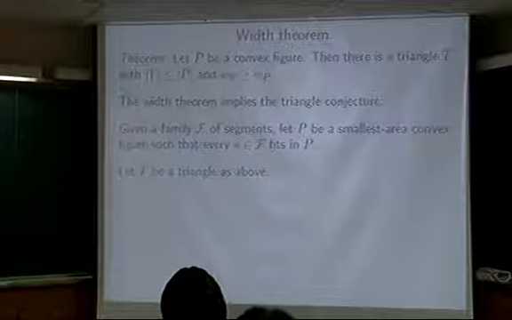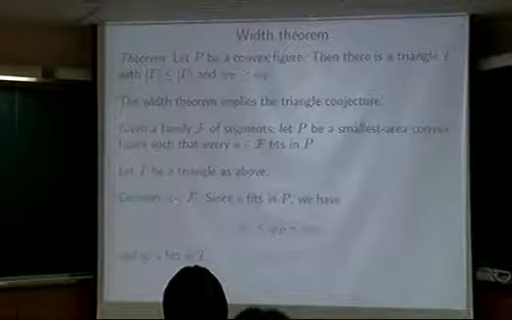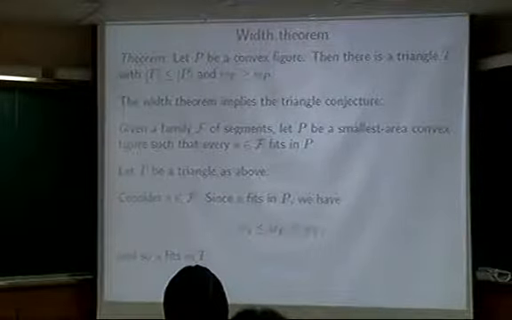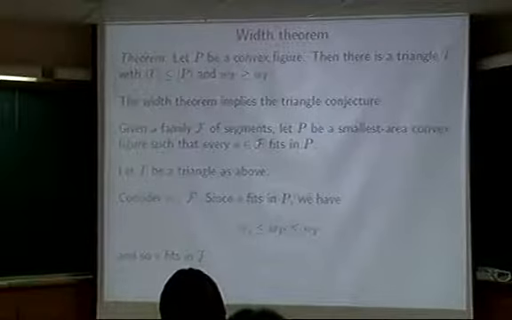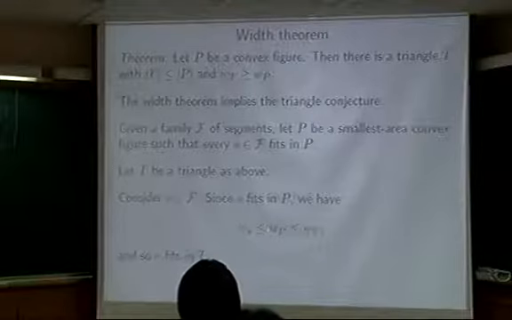Now I want to argue that every segment from my family fits in this triangle. So why is this true? Pick a segment. Well, we know it fits in P, because that's how I chose P. So that obviously means that the width of S is bounded by the width of P. Right? Otherwise it wouldn't fit inside.